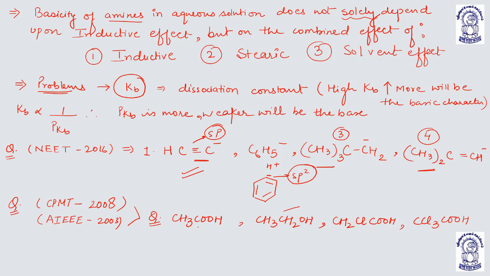Now the resonating structures of the C double bond O, OH group can be easily enhanced, or more favorably done, by the electron withdrawing groups. So more number of electron withdrawing groups, more will be the acidic character. Here there are three Cl attached to the carbon of the COOH group, and that is why it is most acidic in character. So option D will be the correct answer.